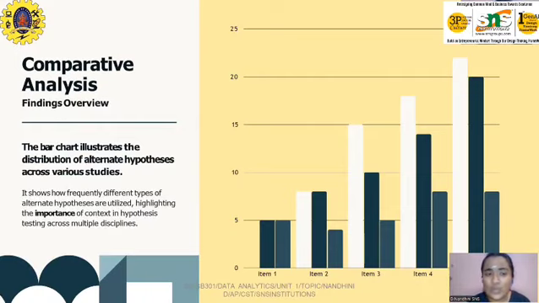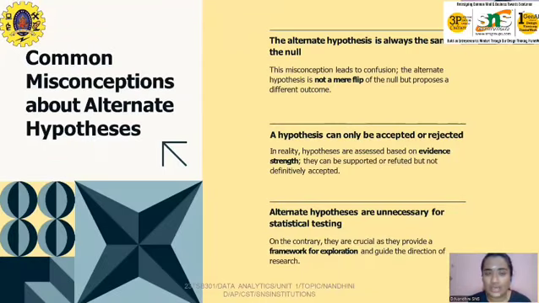It shows how frequently the difference between these hypotheses gets utilized, and highlights the importance of the concept in hypothesis testing across multiple disciplines. It is diversified with the help of white color, dark blue color, and the next dark blue color.